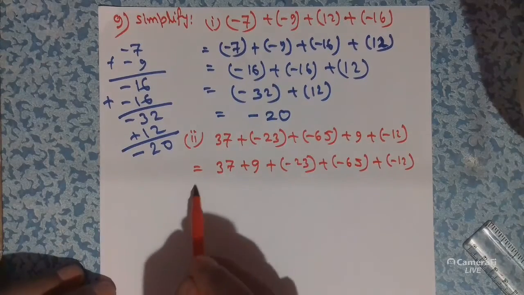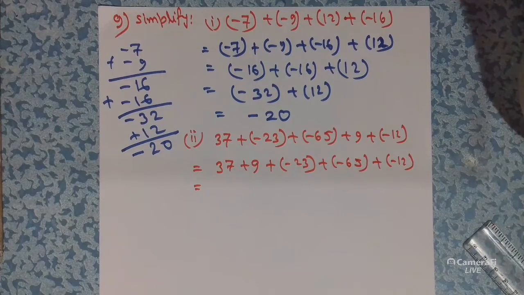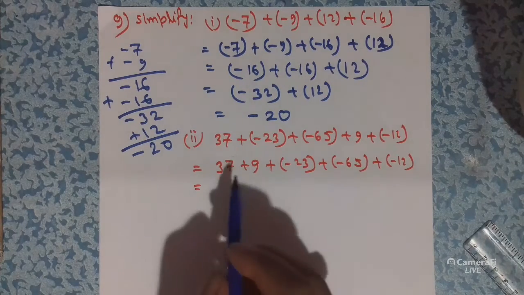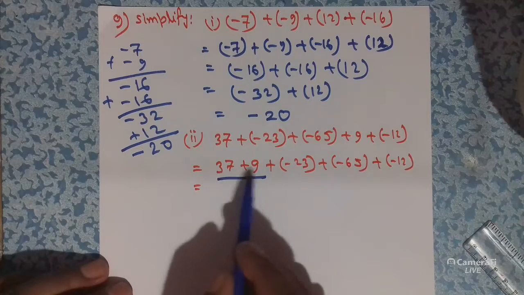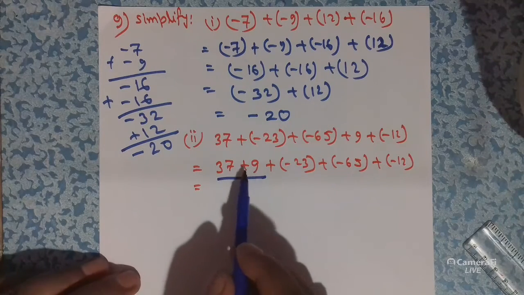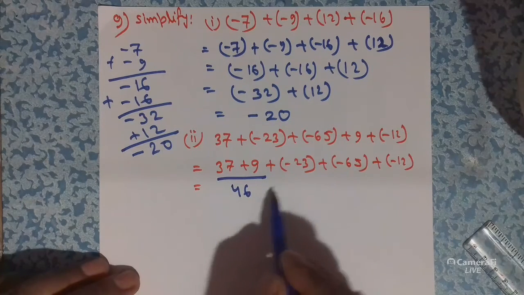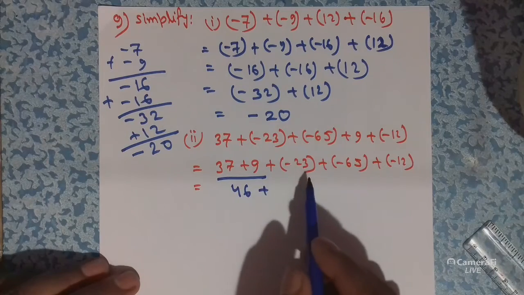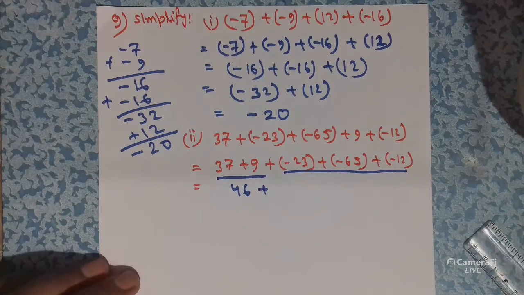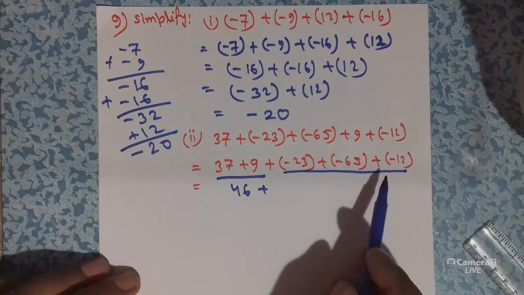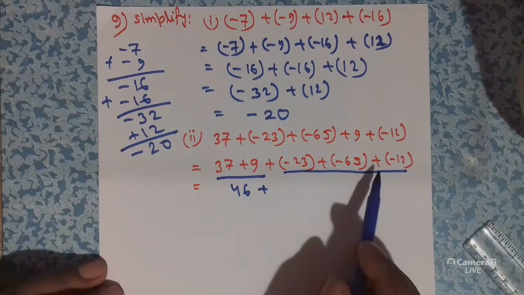Now these two have the same sign, that means these two are positive integers. So add these two. So 37 plus 9 is 46, and then minus 23, minus 65 and minus 12. These three are the same sign, so we have to add these three.